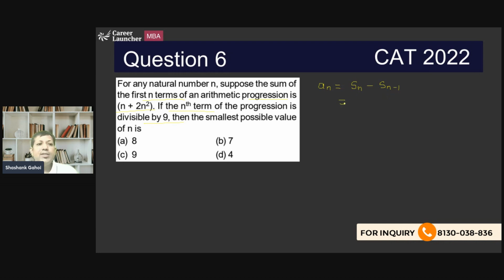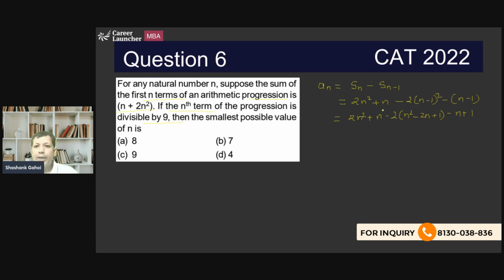So what is the sum of n numbers? That is going to be 2n square plus n, minus 2 times n minus 1 whole square minus n minus 1. So that is going to be 2n square plus n minus 2 times n square minus 2n plus 1, minus n plus 1.